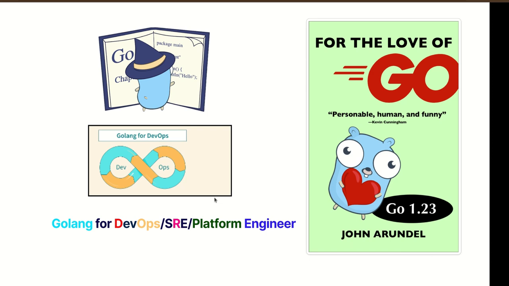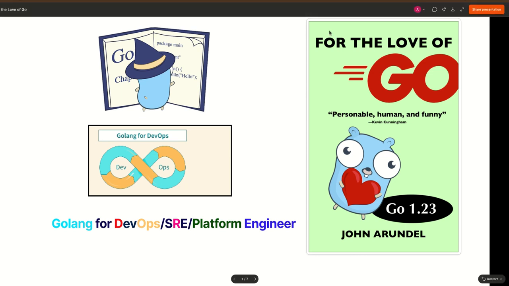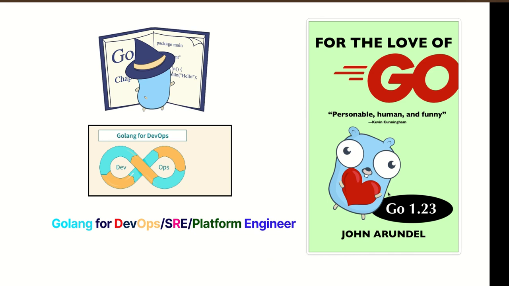One more thing: here we are going to follow the book called For the Love of Go, written by John Arundel. This is a very awesome book and I really recommend it. If anyone is planning to purchase a book to learn Golang, just buy this book. I'm going to follow everything I have learned from this book.